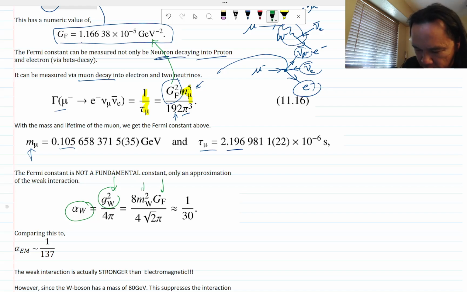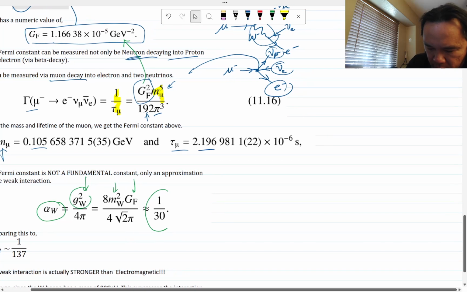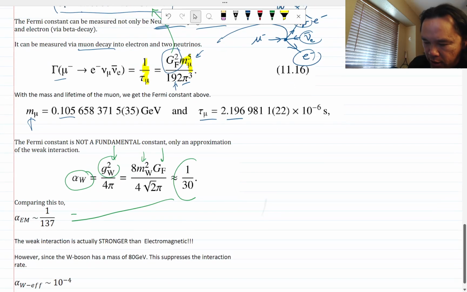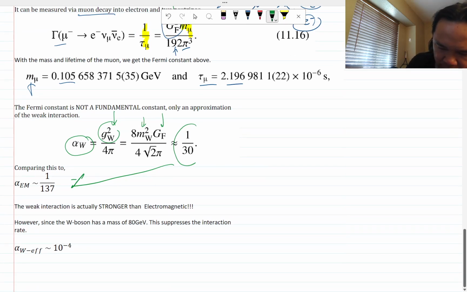If you plug all these numbers in, alpha W is actually 1/30. Comparing this to the electromagnetic force, which is 1/137, you would think that the weak interaction is actually stronger.